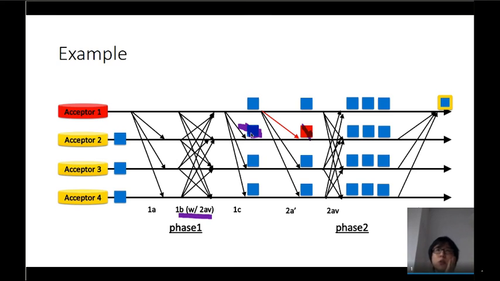Okay, it's also hard to find out from Lamport's paper, because what I'm presenting today in my slides is not 100% consistent with Lamport's paper. Many of them are my understanding.